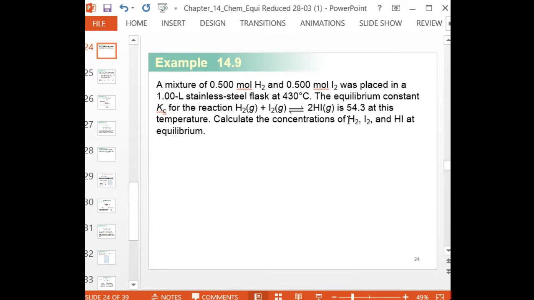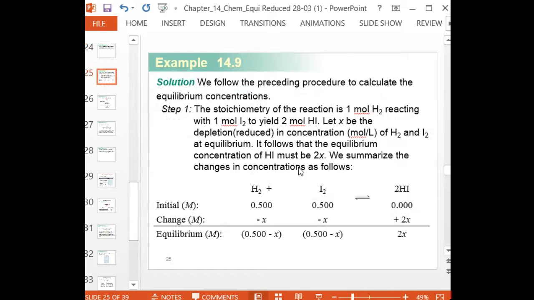Calculate the concentration of H2, I2 and HI at equilibrium. So you have to calculate the concentration of all gases at equilibrium. You have to write the ICE table, because you don't know how much is reduced and how much is produced.